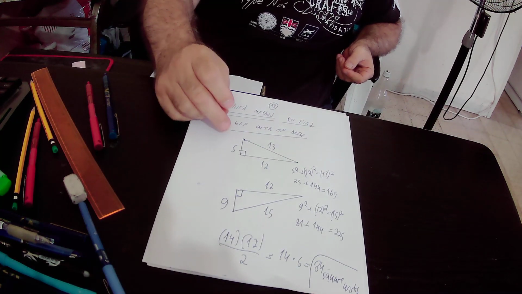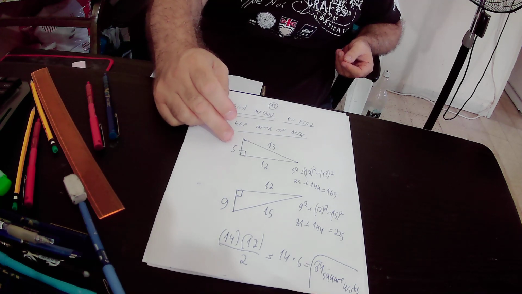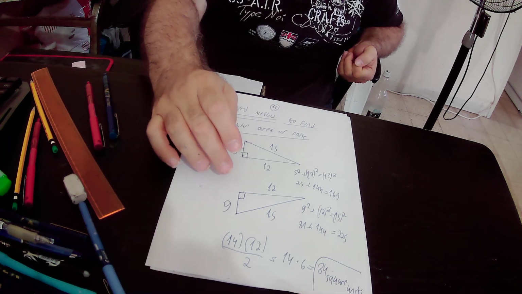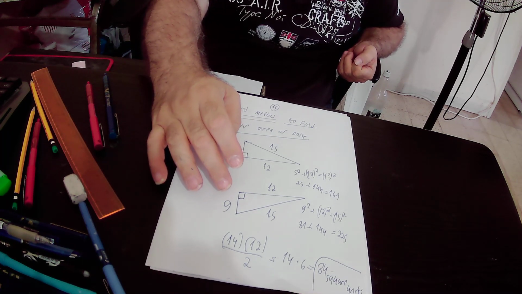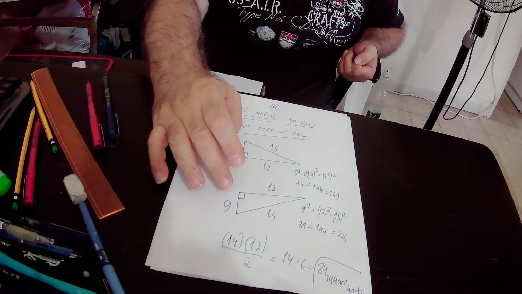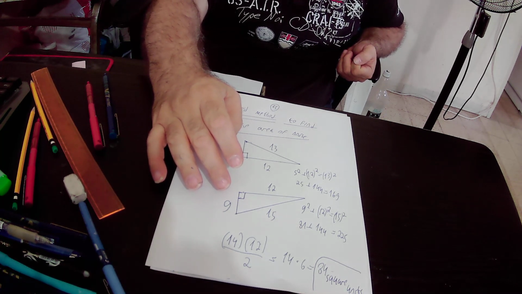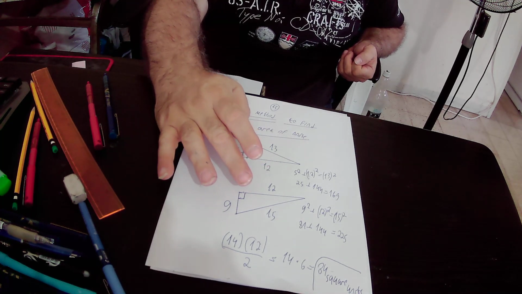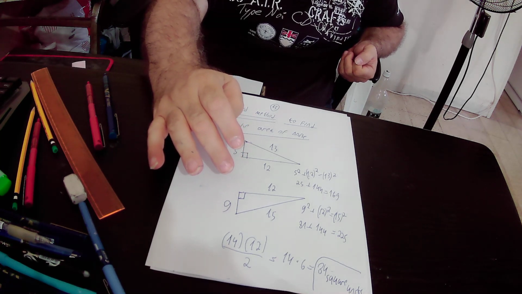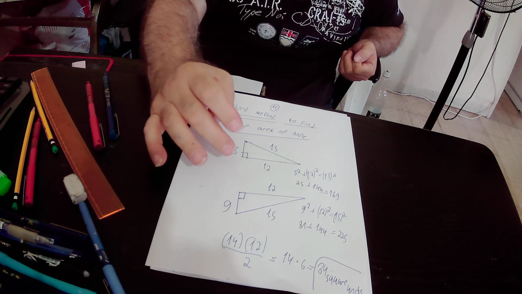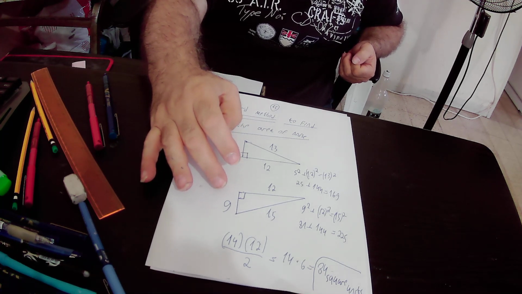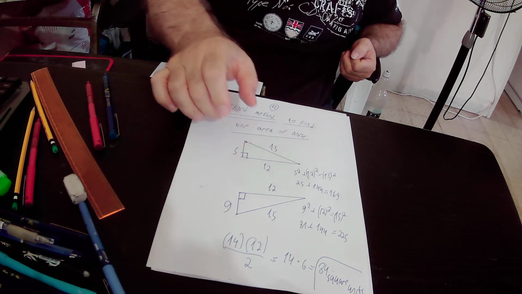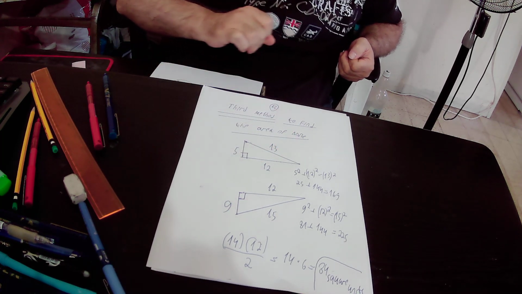We divided triangle ABC into a right triangle with sides 5, 12 and 13, and the second half of triangle ABC is the second right triangle whose sides are 9, 12 and 15. And in this way we actually proved that if the base of triangle ABC is 14 units, then the height to the base is 12 units.